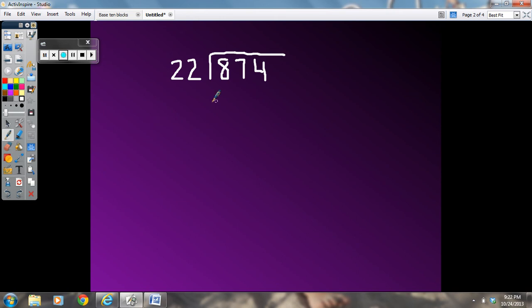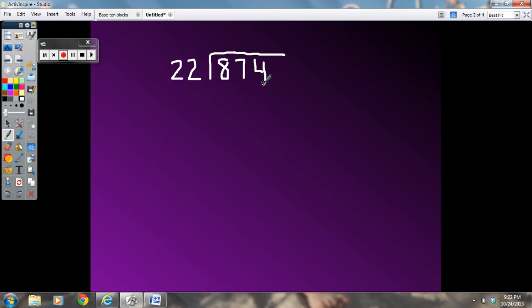Now, when we were using our base 10 blocks to show 874, we would take the 8 hundreds blocks, 7 tens blocks, and 4 ones blocks to represent 874. But like I told you in class, I don't want you to think of that 874 as separate hundreds, tens, and ones blocks.